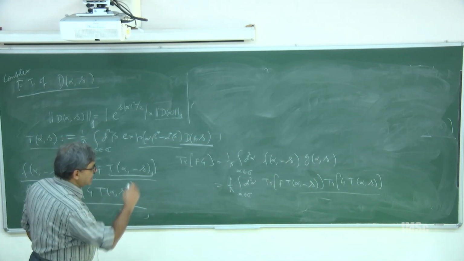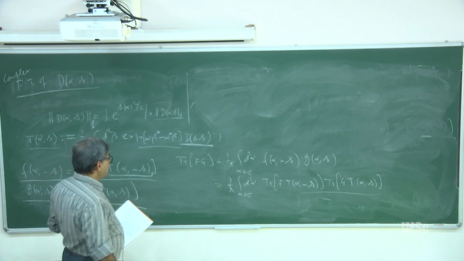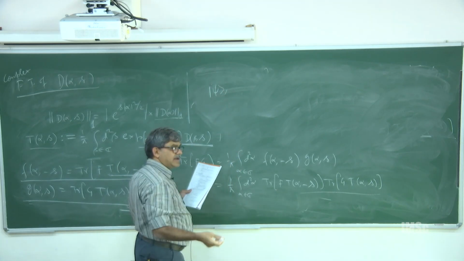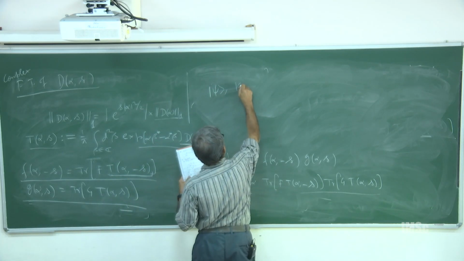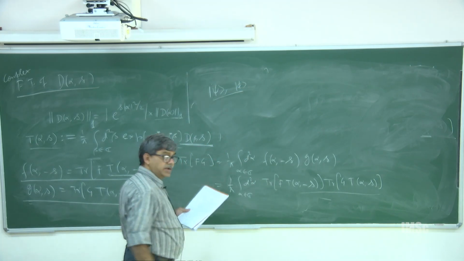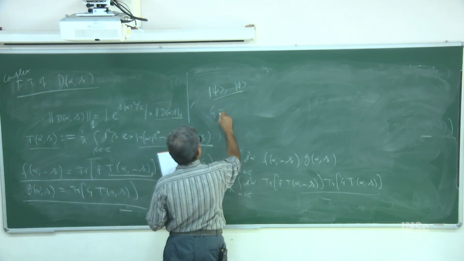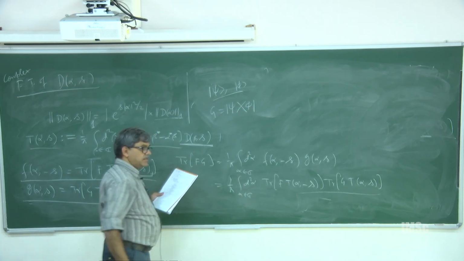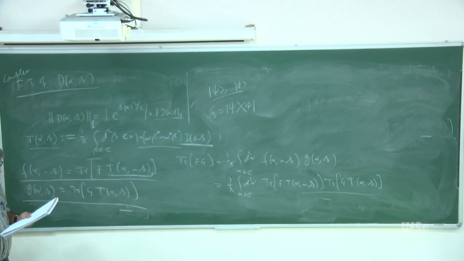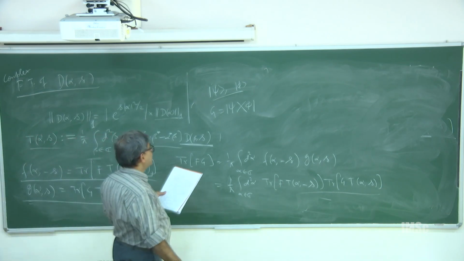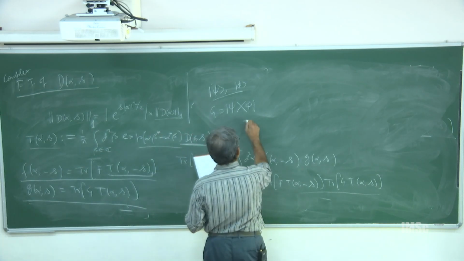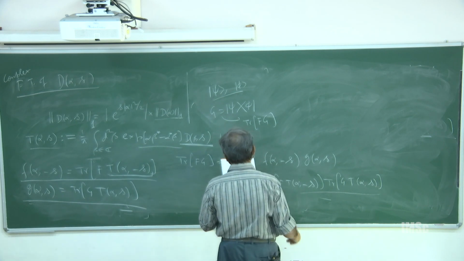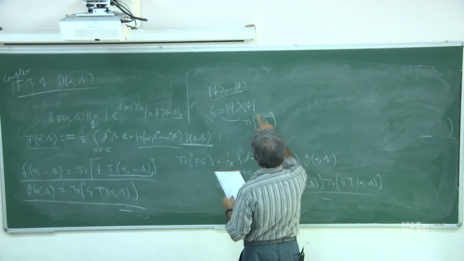Now, what is the big deal about this? Now you choose any two states, which need not be coherent states, any two states psi and phi, and choose your G to be this one, the outer product of psi and phi. This I can choose, this is a bounded operator. If you do that, then you will see that this trace of f and g, for this G, you just put G as this.